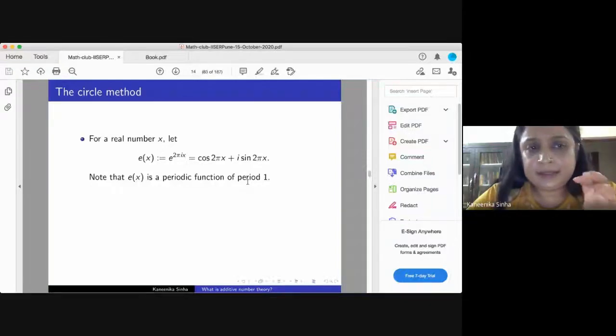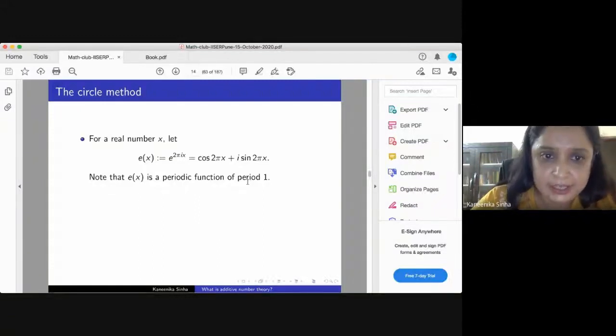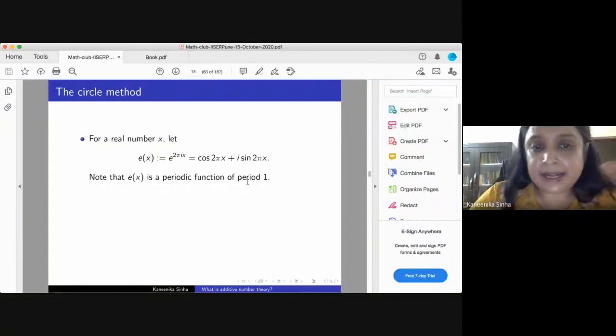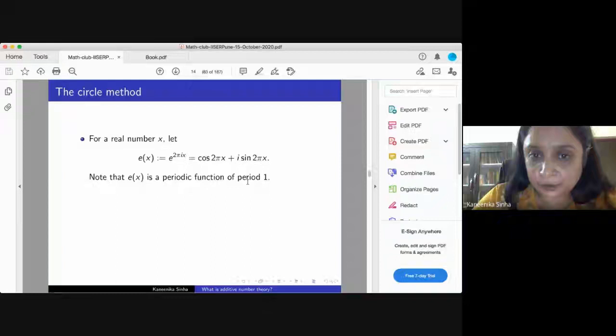The foundation of this method, the base idea, is very, very simple. For a real number x, we take the function e of x, which is basically the exponential of 2 pi i x. So e to the 2 pi i x is a complex valued function whose real part is cosine 2 pi x and the imaginary part is sine 2 pi x. Now, it doesn't take you long to observe that e of x is a periodic function of period 1.